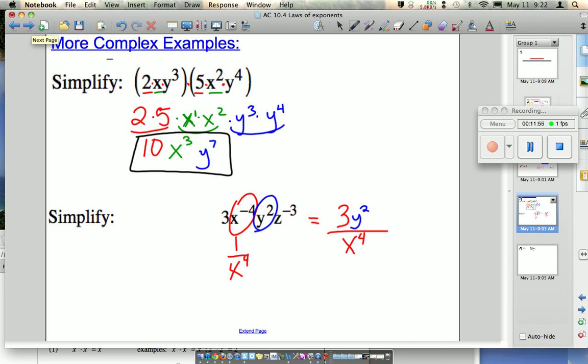And last but not least, the z to the negative 3, that's the same as 1 over z to the third. So I'm going to write it down on the bottom to make it a positive exponent. So I have simplified this rational expression. It is 3y squared over x to the fourth z to the third. Positive exponents are a more simple way to write things. So we're going to simplify by getting rid of the negatives.